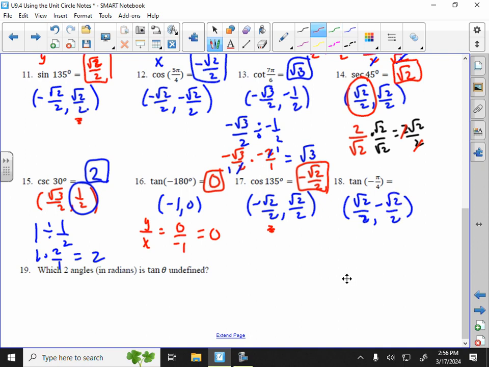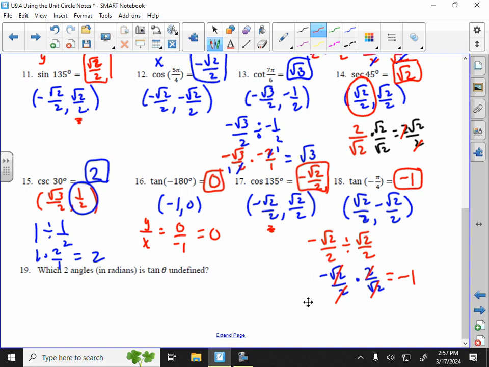So then tangent, we're doing y divided by x, so negative root 2 over 2 divided by positive root 2 over 2. And you should see that this is going to simplify down to negative 1. But if you don't see it, then just do all the work, change the multiplication, flip it, cross cancel all this out. Negative 1.